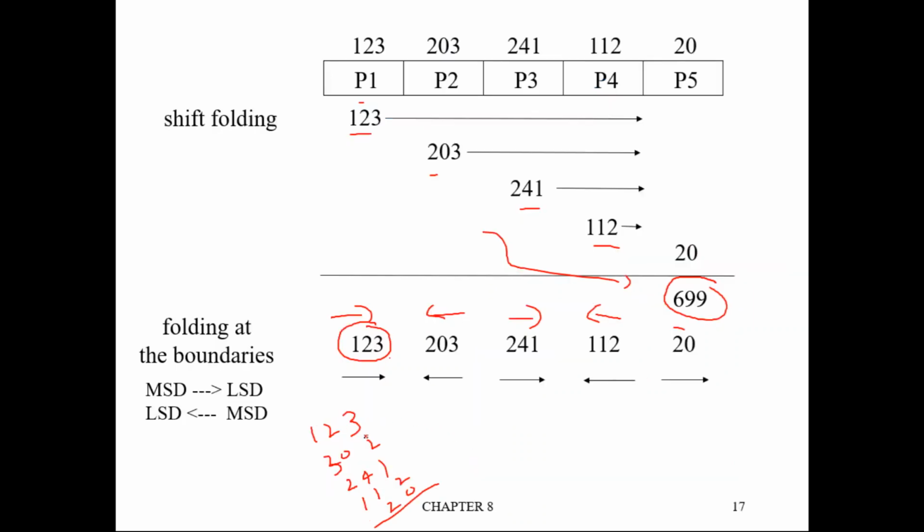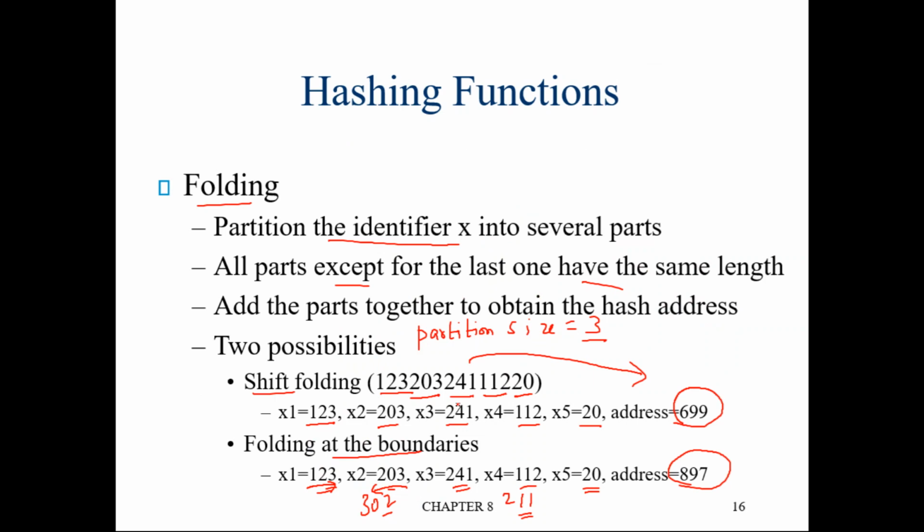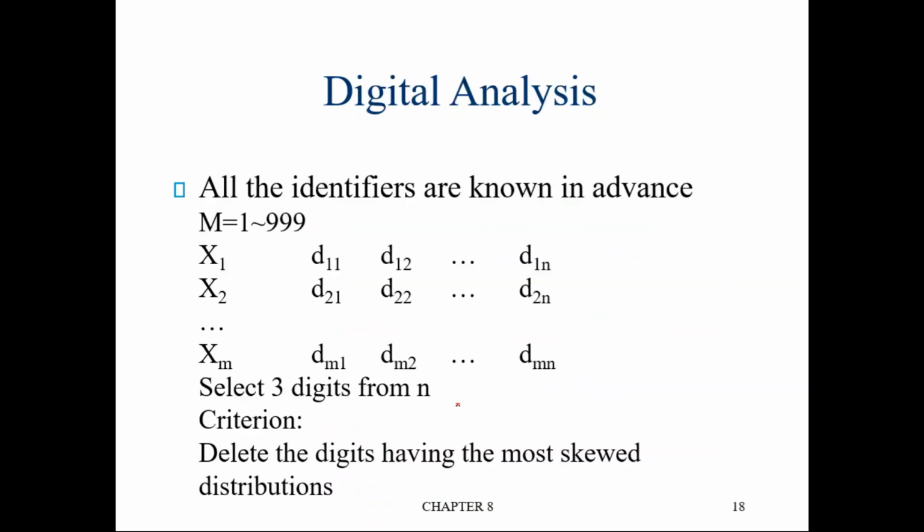3 plus 2 is 5, 5 plus 1 is 6, 6 plus 2 is 8. But what should be the value? The value should be 897, right?